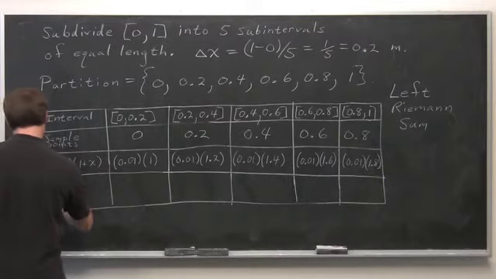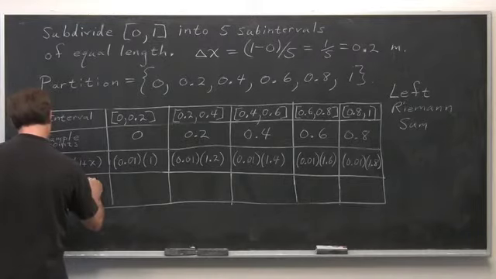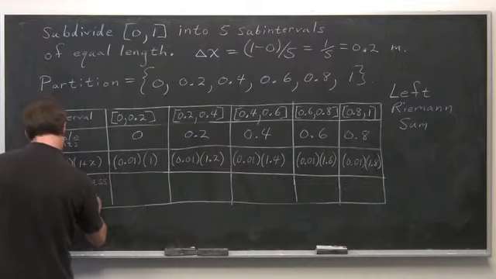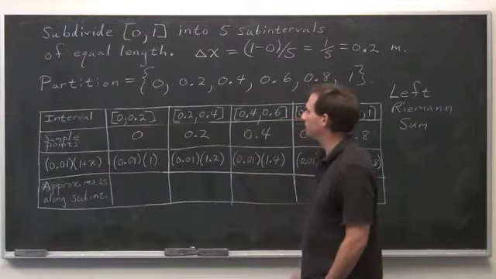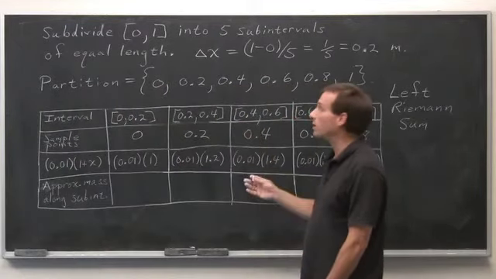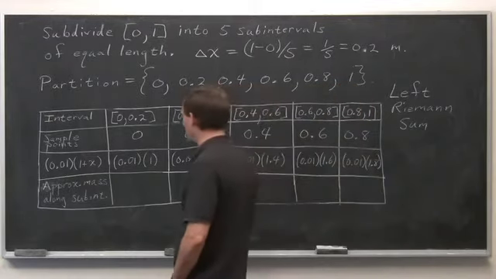So that would be the approximate mass along that subinterval. But each of these lengths is exactly 0.2. They're all the same, 5 subintervals of equal length.